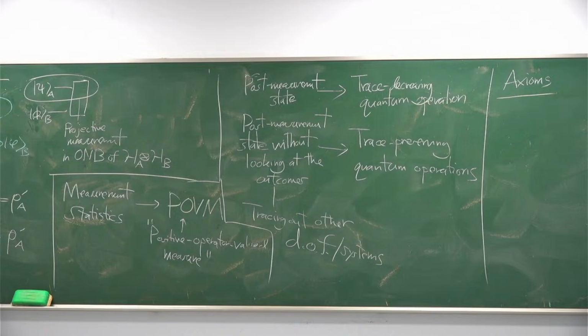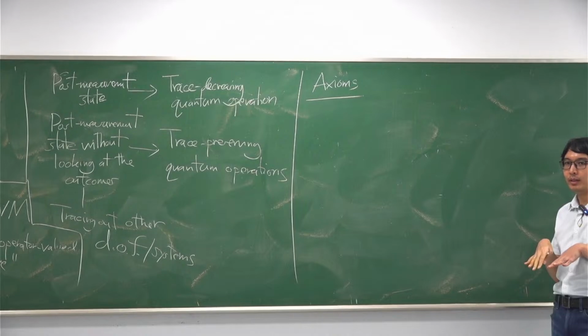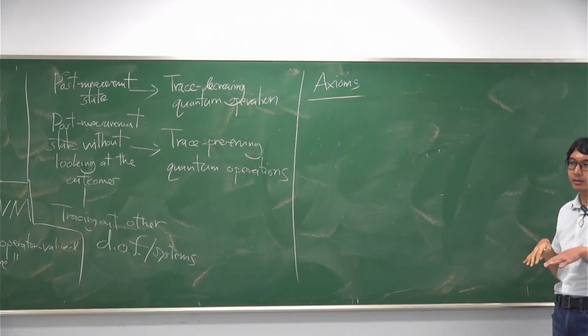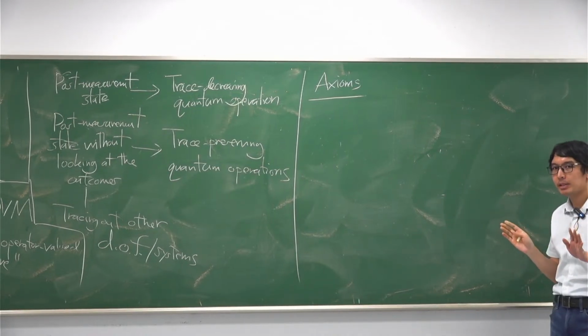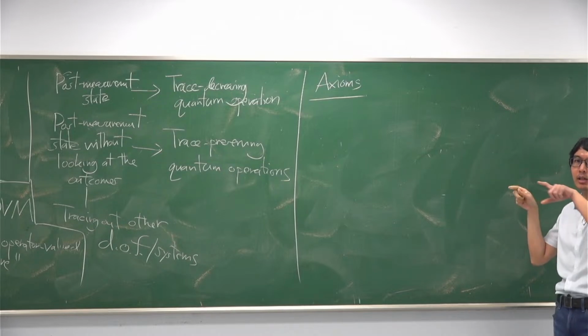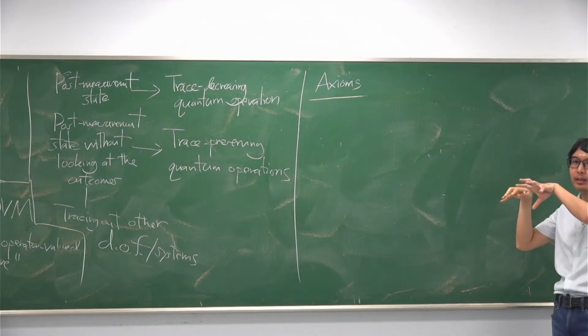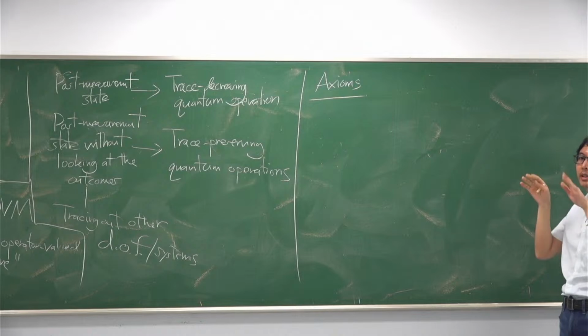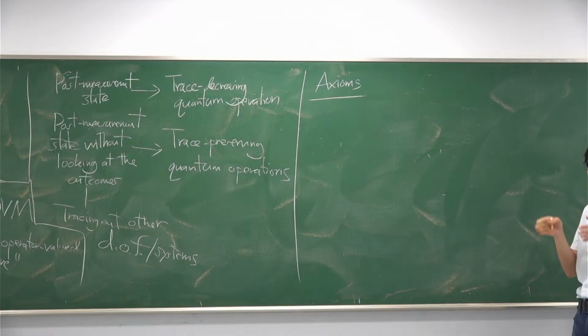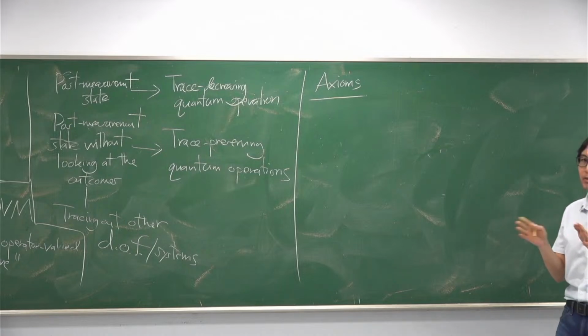Or in the opposite direction, you can realize a POVM, for that problem rank 1 POVM, by making a projective measurement on a larger system. And then the description of that measurement in your system of interest will become POVM.